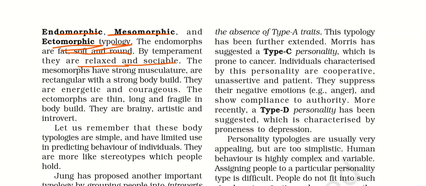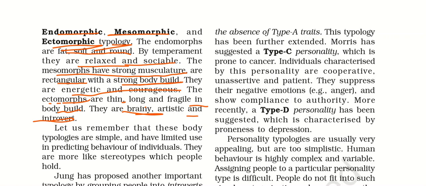The mesomorphs have strong musculature, are rectangular with a strong body. They are energetic and courageous. The ectomorphs are thin, long, with a fragile body build, and are brainy, artistic, and introverts.